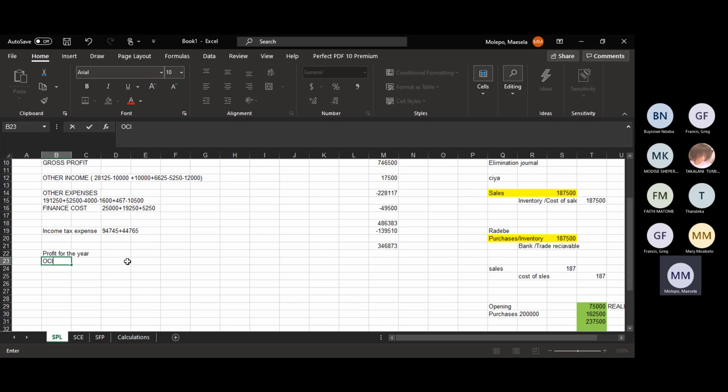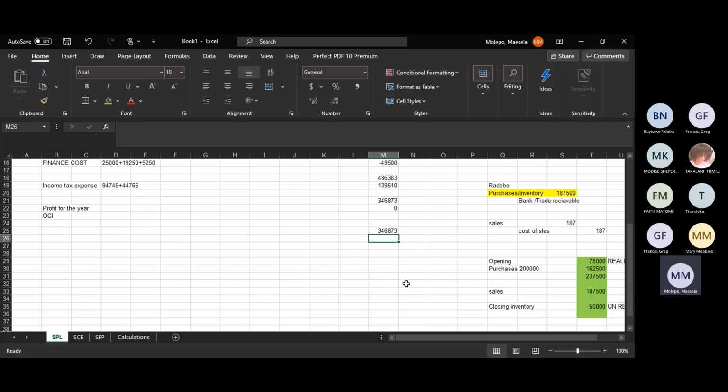Other comprehensive income is dash, so it will be nil. Then the total profit will still remain at 346,873.